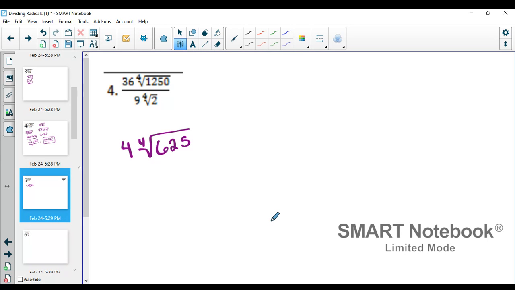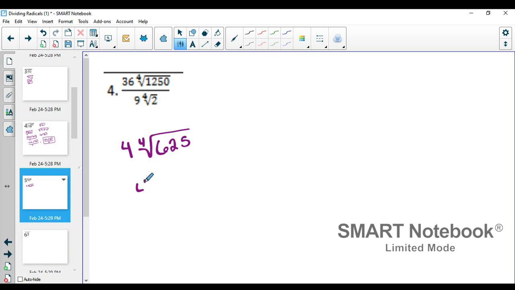So 625 has a fourth root. I believe it is 5. My calculator's not cooperating, so I have to go to Desmos here. But I do believe it is 5.